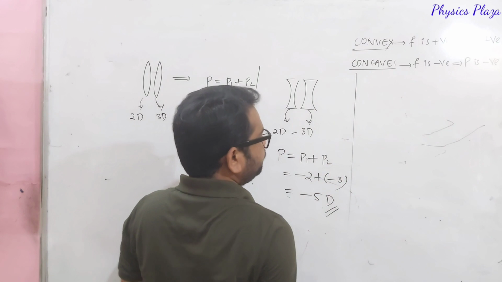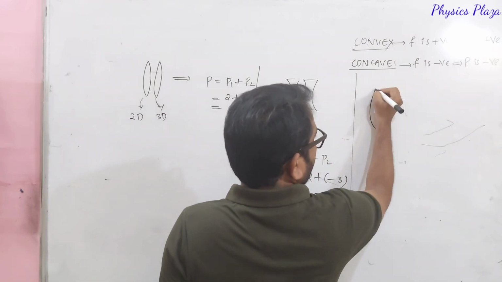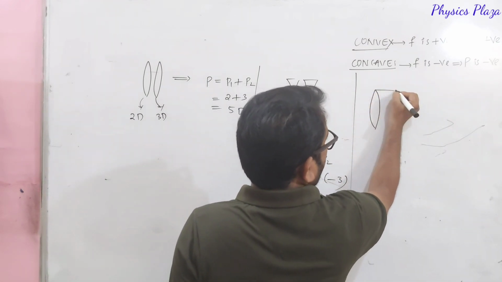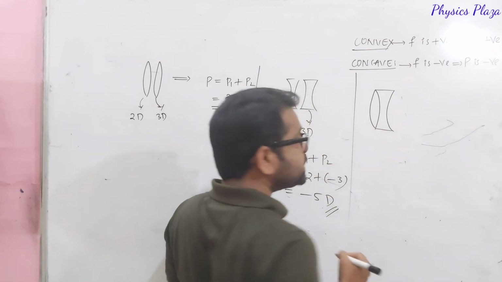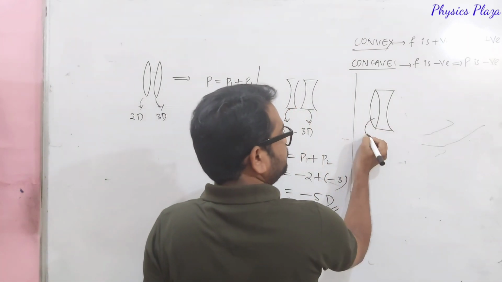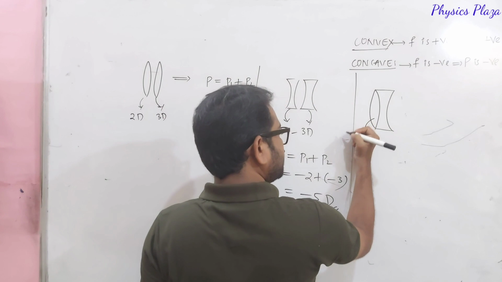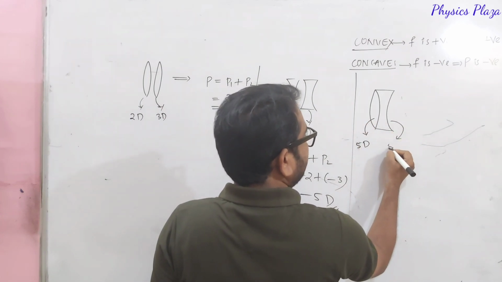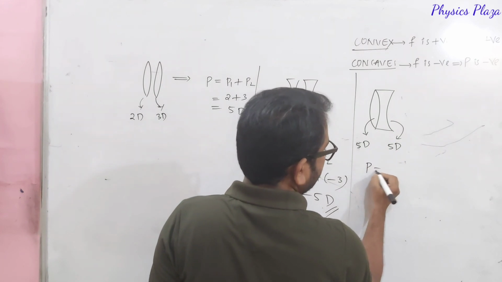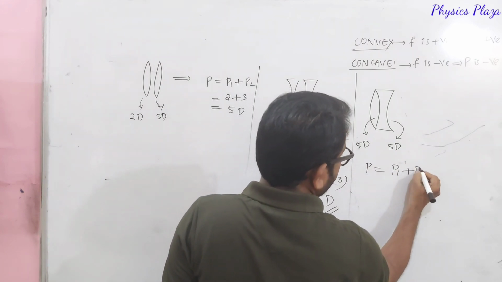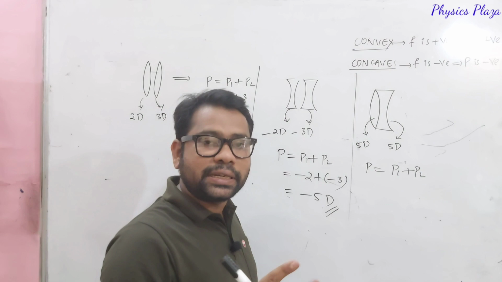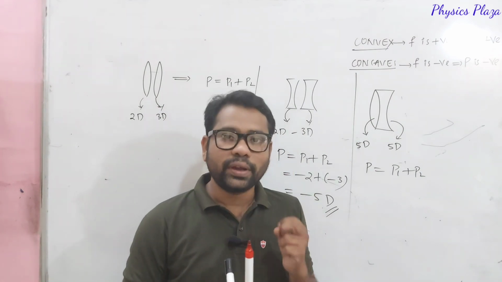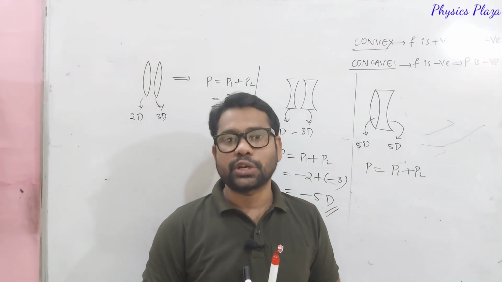But let us take one convex lens and one concave lens of the same power. Let us say the power of the convex lens is 5D, and the power of the concave lens is 5D. Now the net power is P1 plus P2. Children, don't say that 5 plus 5 is 10D. No, it is wrong. We need to think about the sign convention also.